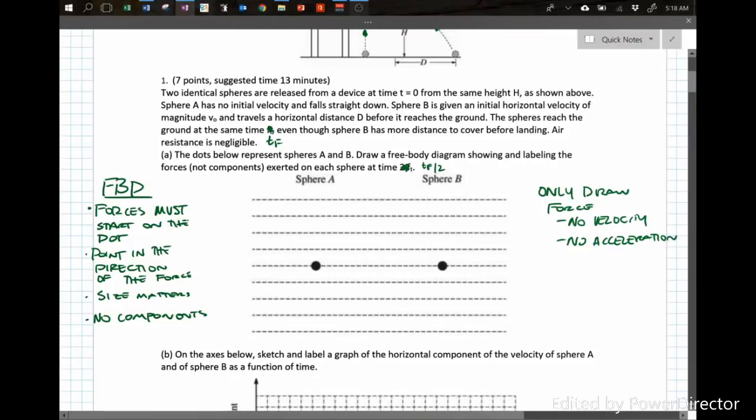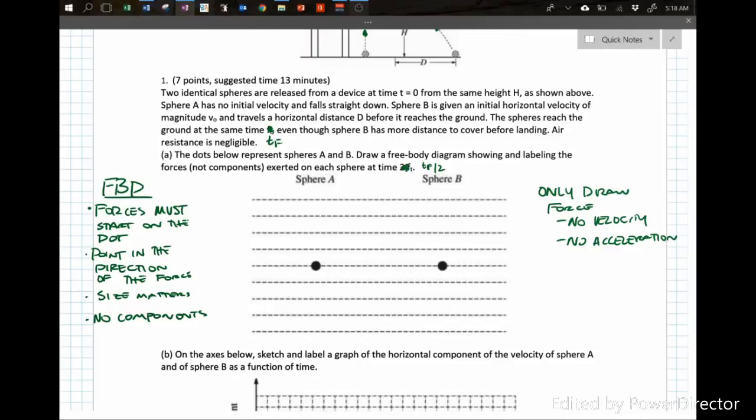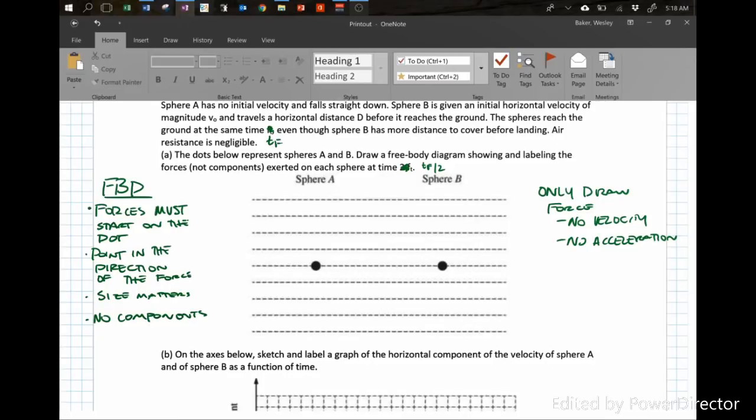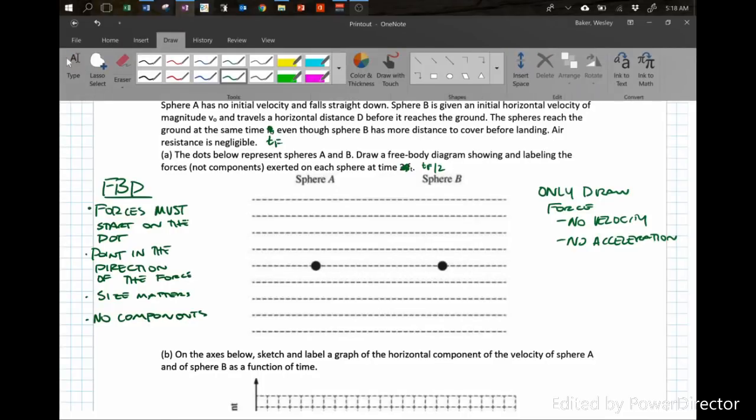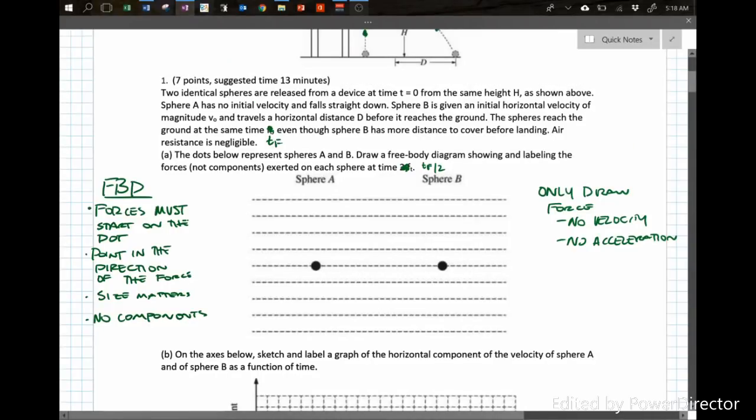Now, looking at these two spheres as they fall, while they're in the air, especially when we're talking about projectiles, the only force acting on them is the weight of the object itself.